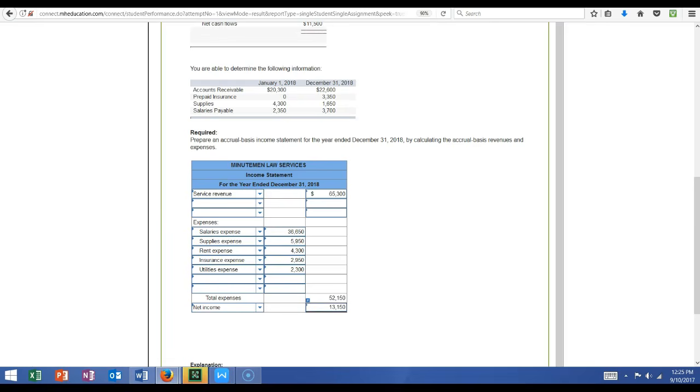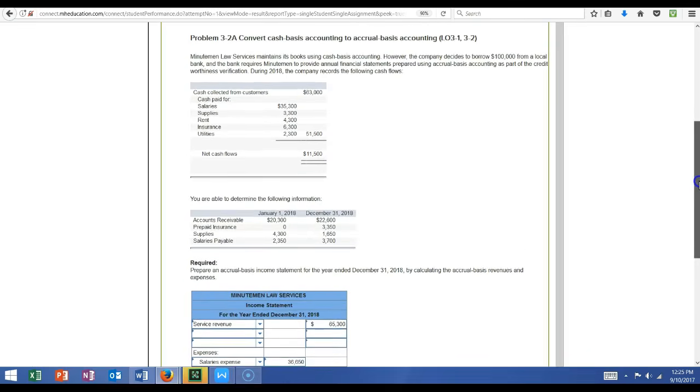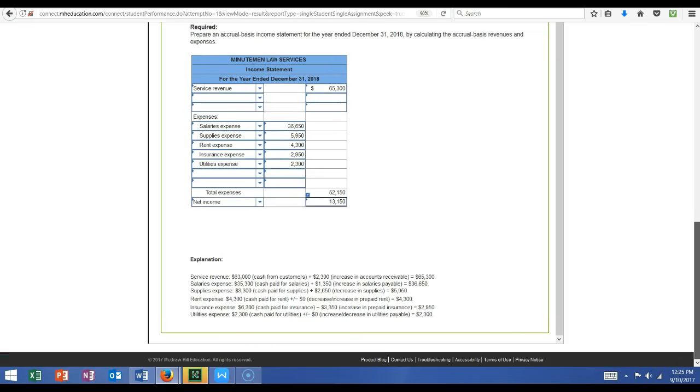Yeah, it's not 36,500, it's 36,650. So it's basically the cash of 35,300 plus the difference of $1,350 was an increase in salaries payable. 36,650, not 36,500, if that makes sense.